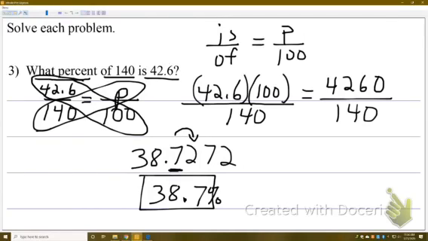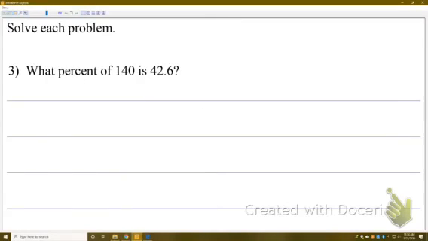Okay, let's go to another one. Let's go to this one. 21% of what is 62? Okay, we have 21% of what is 62.